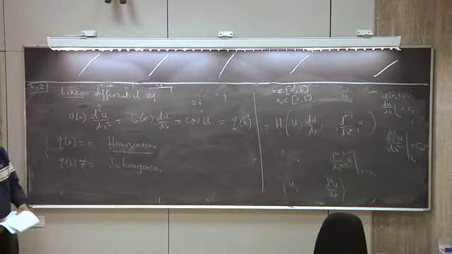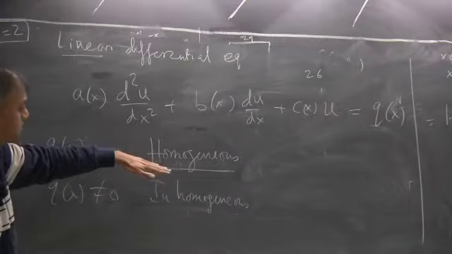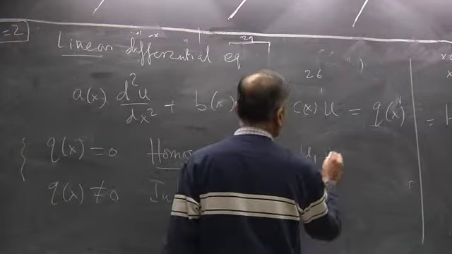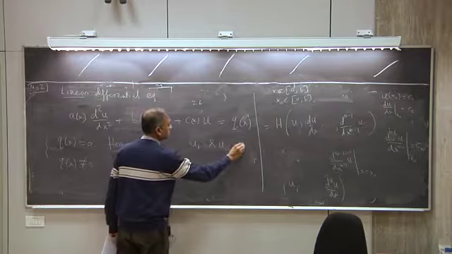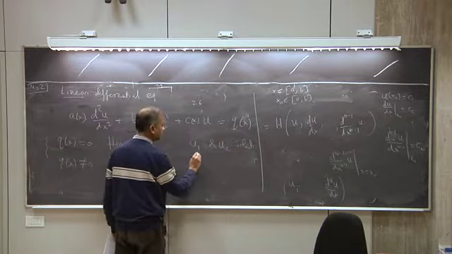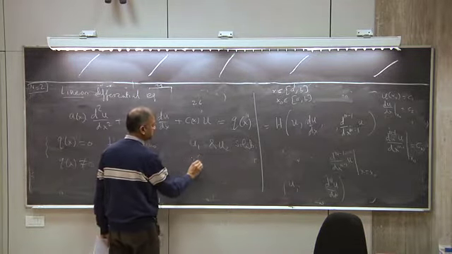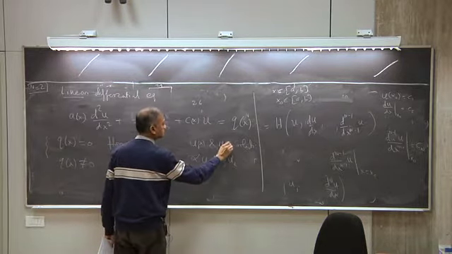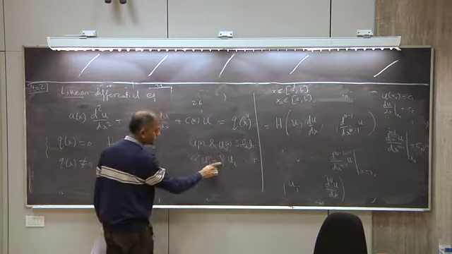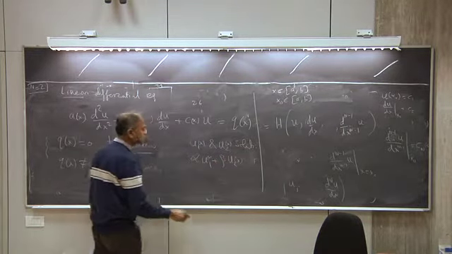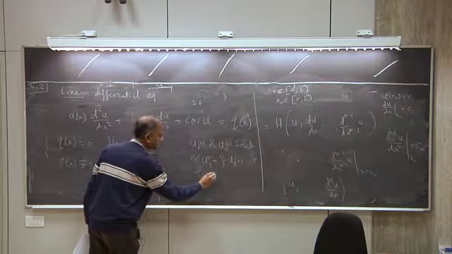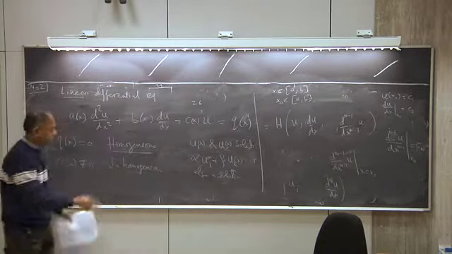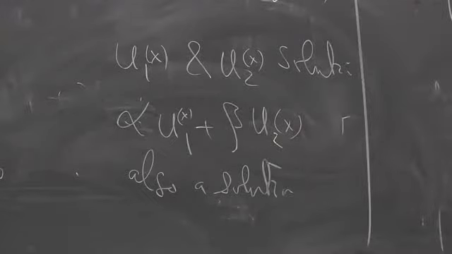So if you have a homogeneous linear differential equation, and u1 and u2 are solutions of this equation, then alpha u1 plus beta u2, where alpha and beta are constants, not dependent on x, is also a solution. Obvious. That's only for the homogeneous, for q of x equal to 0.